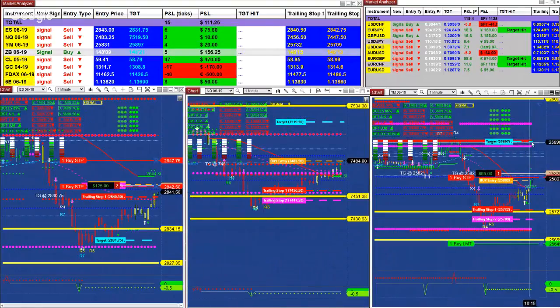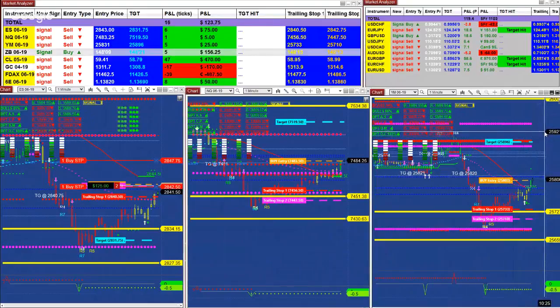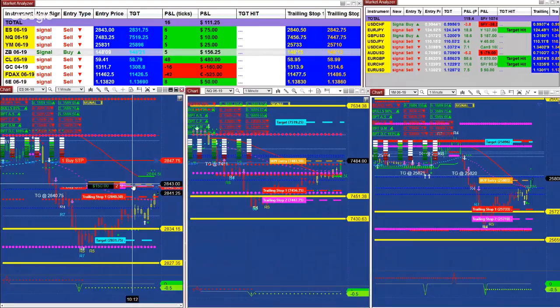Don't we? It's not. Hold on. It's coming. We have a buy entry on the Nasdaq, and we're about to have a buy entry on the ES.